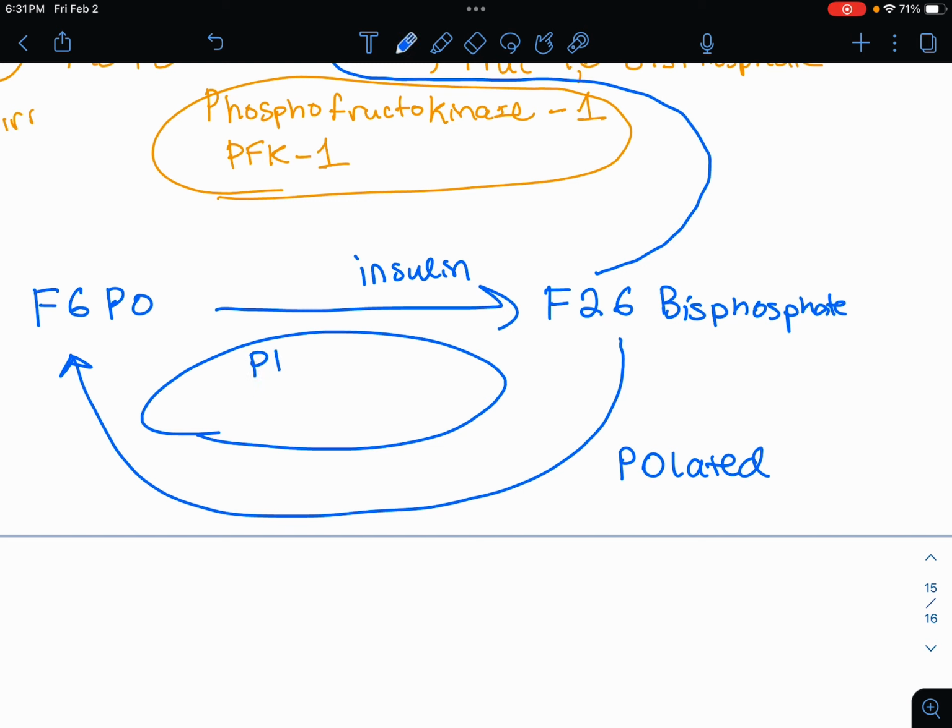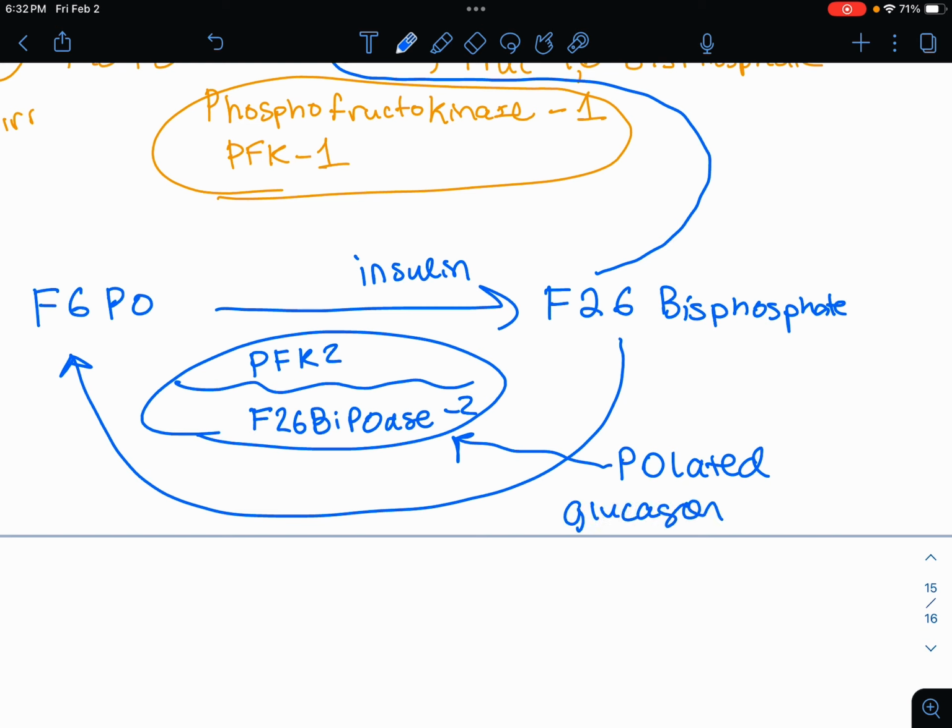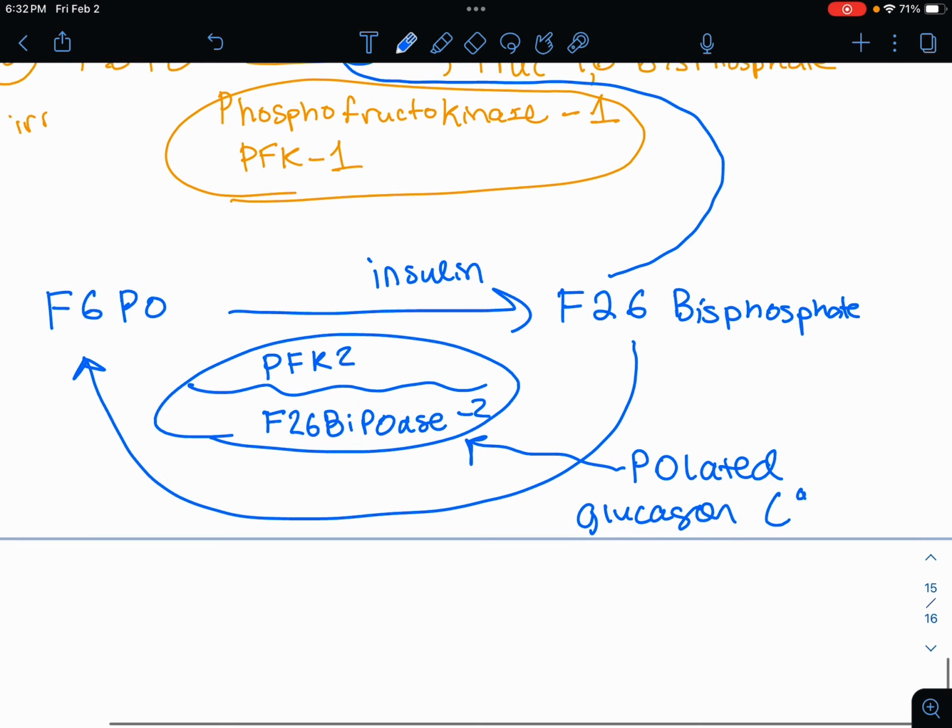There's the phosphofructokinase 2, and then on the flip side, we have the fructose bisphosphatase 2, and when this becomes phosphorylated, and when glucagon, which basically is a stand-in for like glucose is gone, so we need to make more.